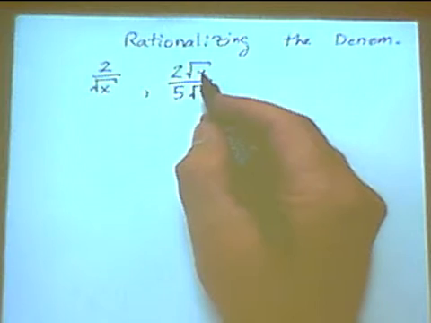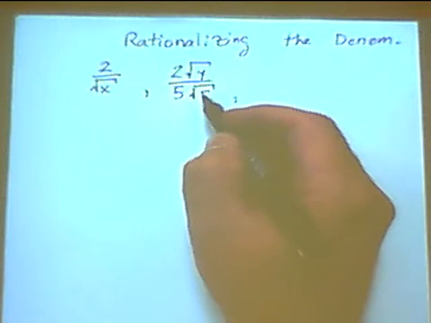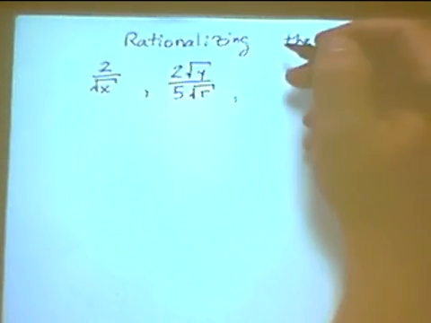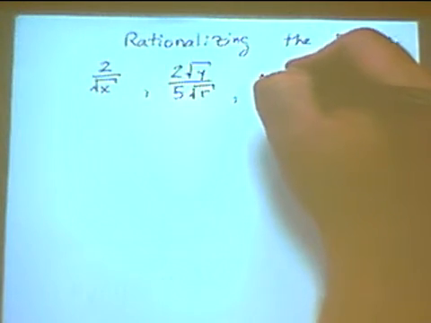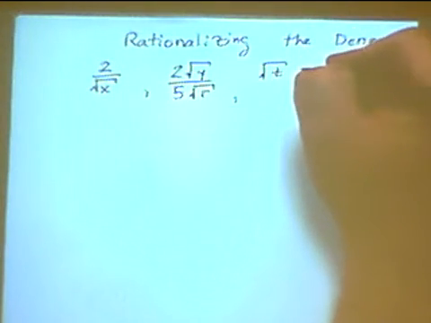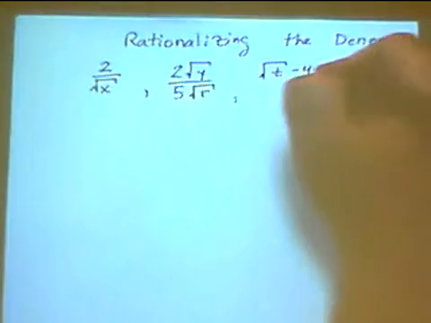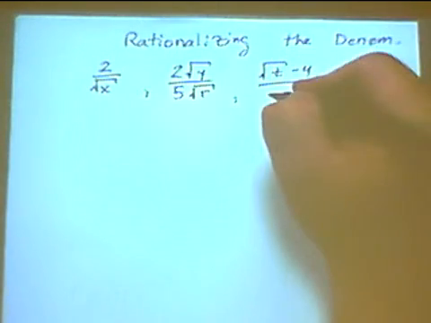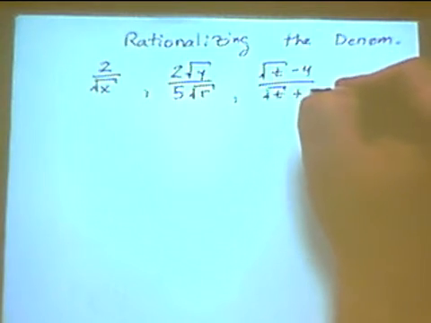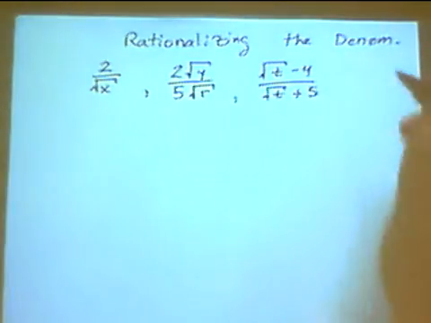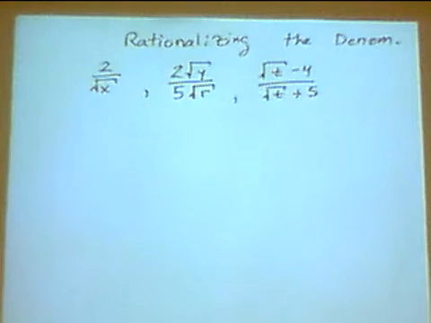And looking at this second expression, I don't really care about the radical in the numerator. That's fine. But I cannot leave the radical in the denominator. And the third problem I'm going to work is square root of t minus 4 over square root of t plus 5. Now let's compare these 3 problems, and then we're going to work them out.